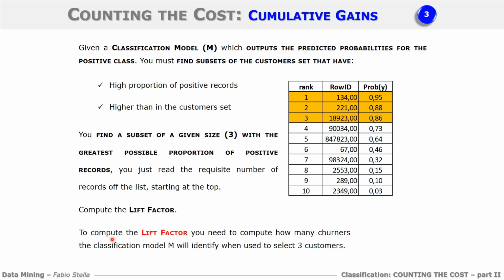However, to compute the lift factor associated with the subset selection consisting of 3 customers, you need to compute how many churners the classification model capital M will identify when used to select 3 customers. And for this reason, you need an additional column, the column of the churn, so of the class attribute, which is reported here as the last column.